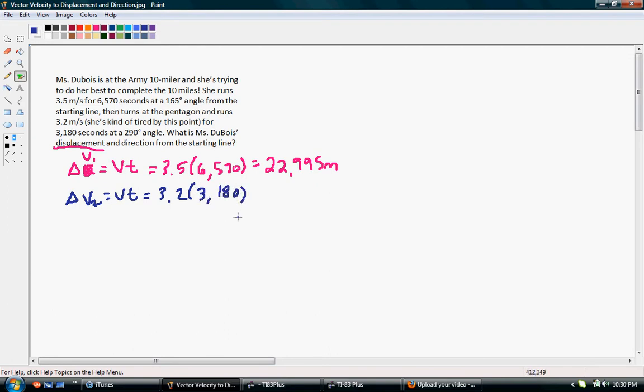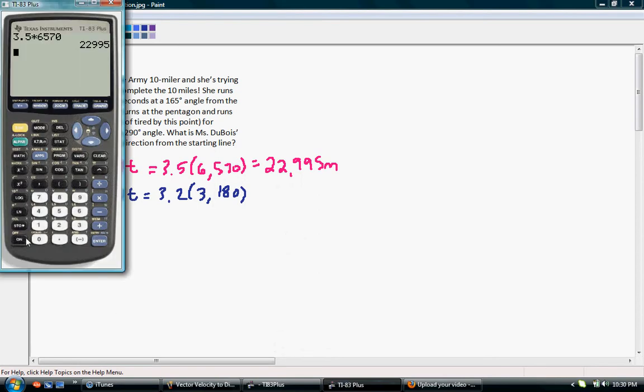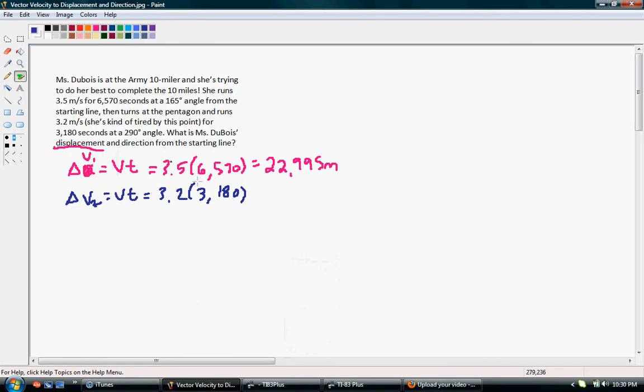So we'll multiply those two numbers together and find our displacement for the second vector, which is 10,176 meters.